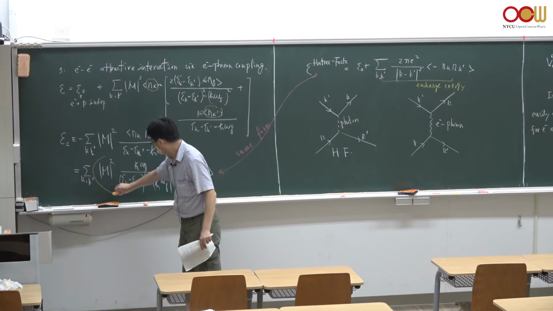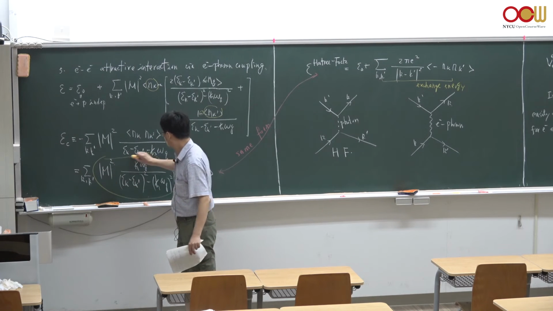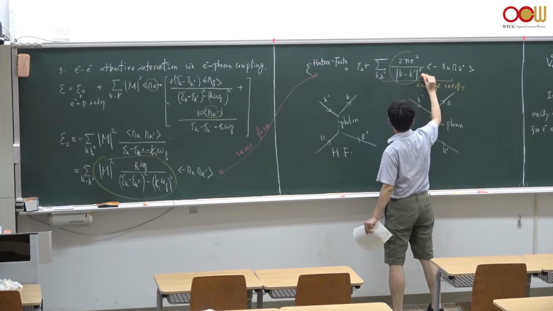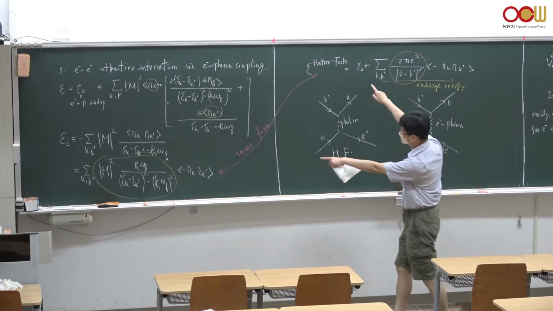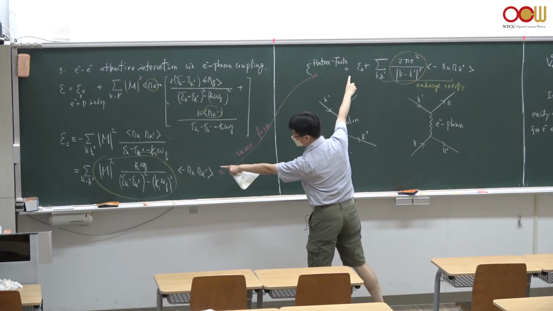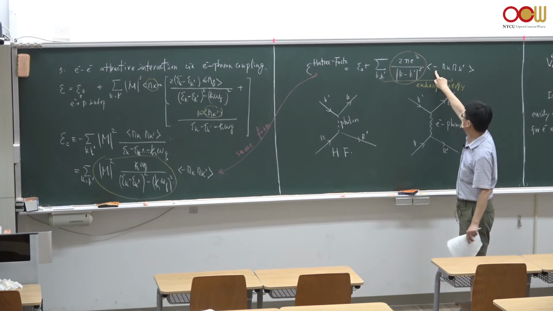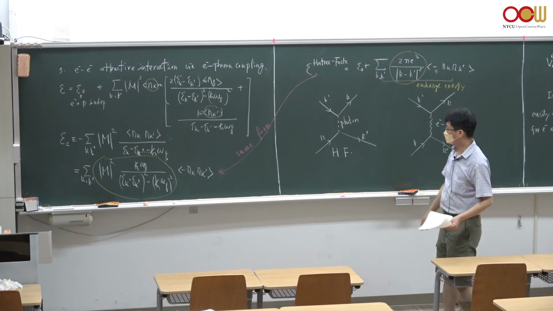So if we simply replace this yellow box by the Coulomb potential over here, then these two forms are identical, right? Remember, because of the second order in perturbation, we get a minus sign in front of this n_k n_k' product.